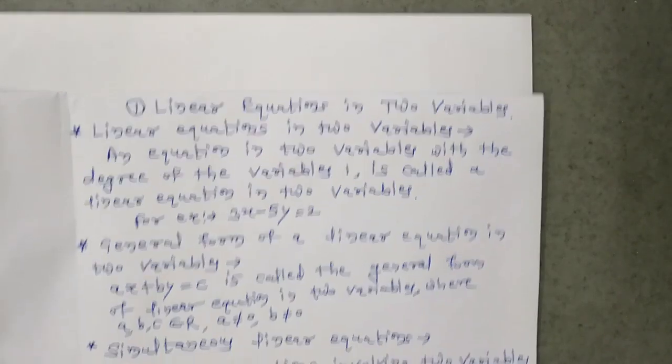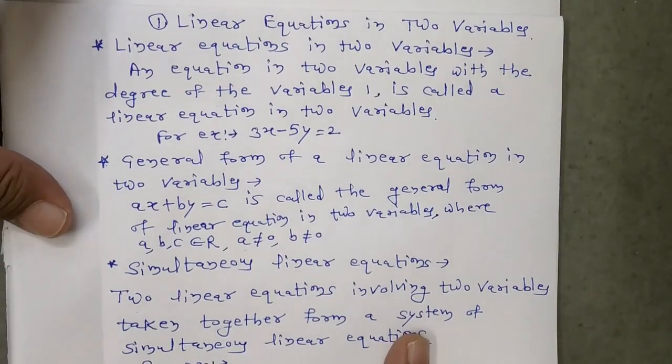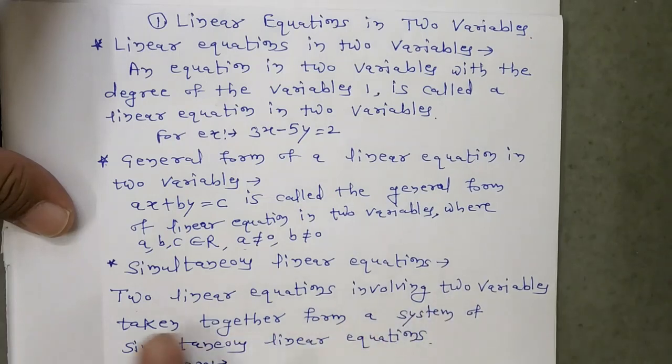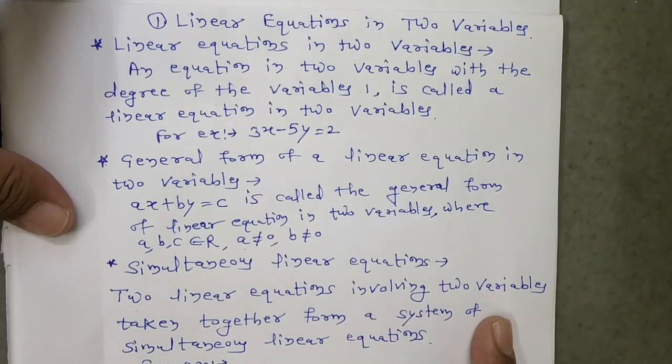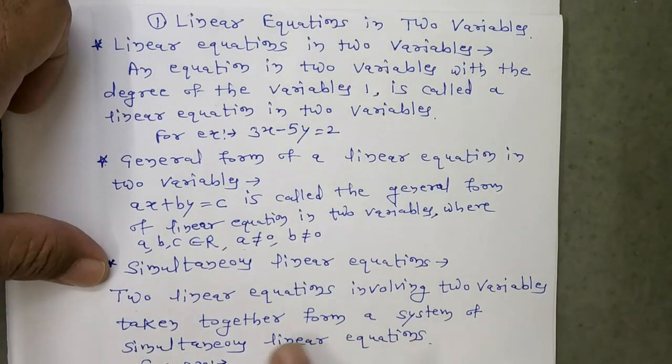Now next point, simultaneous linear equations. Two linear equations in two variables taken together form a system of simultaneous linear equations.